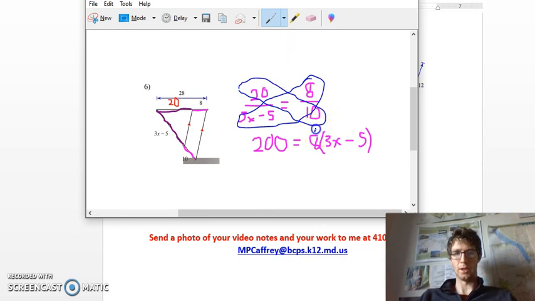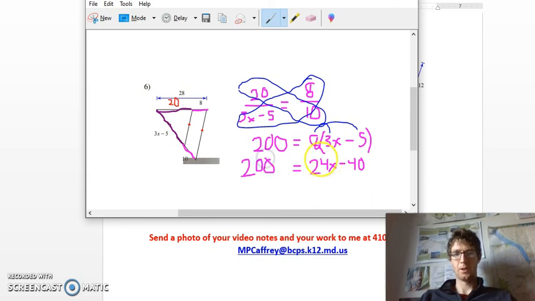So we got to do 8 times 3x and 8 times negative 5. So what's 8 times 3x? That should give you 24x. 8 times negative 5 will give you negative 40. Okay.